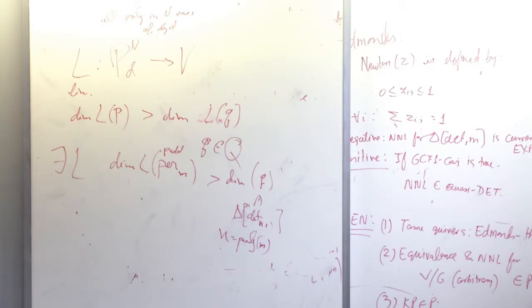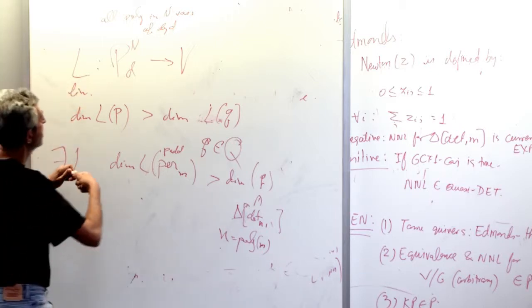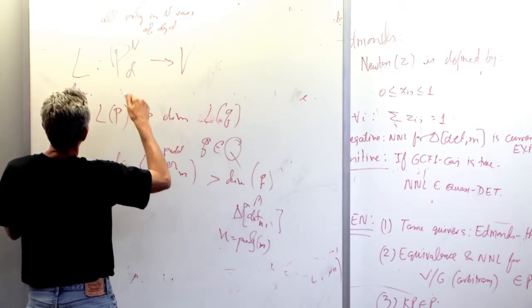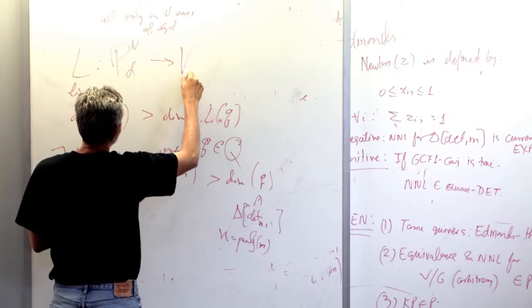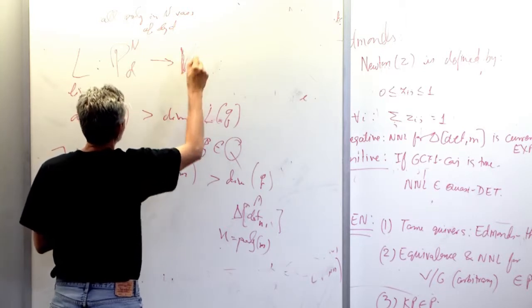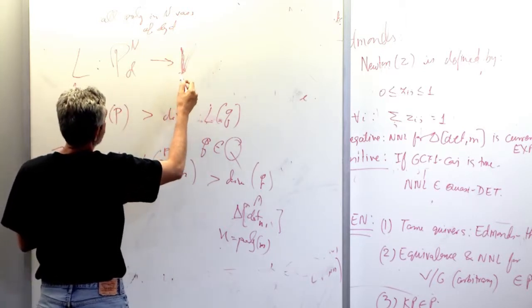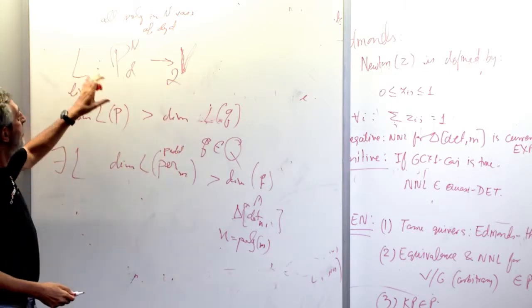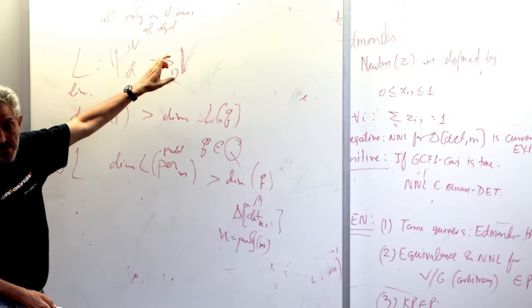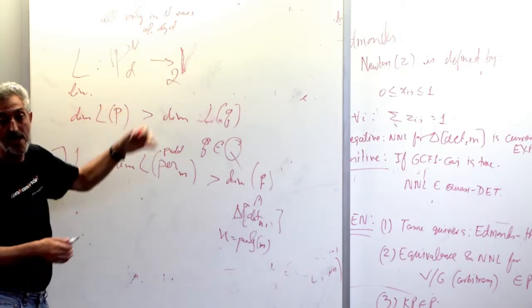But not just by the dimension. We have some fixed vector space, and what we are mapping is polynomials to subspaces of this vector space. That's what happens in all this.